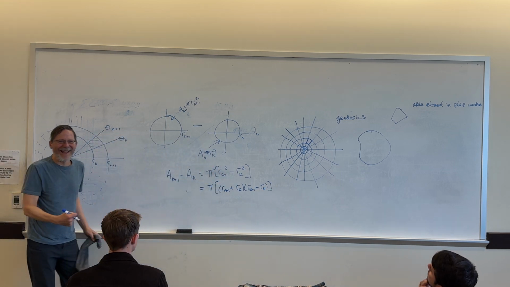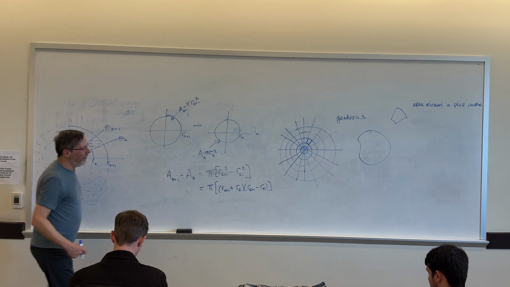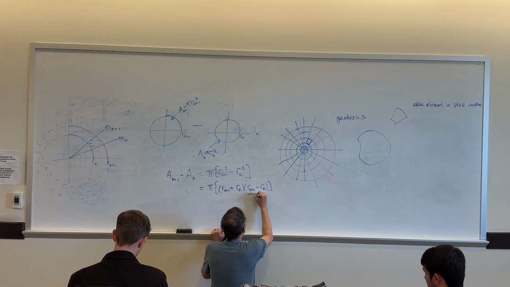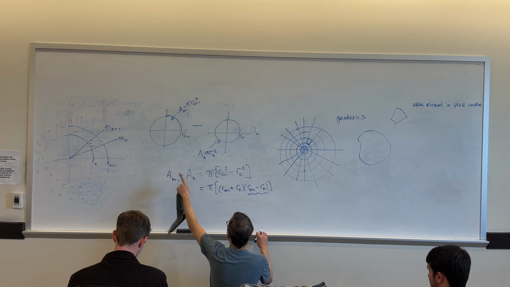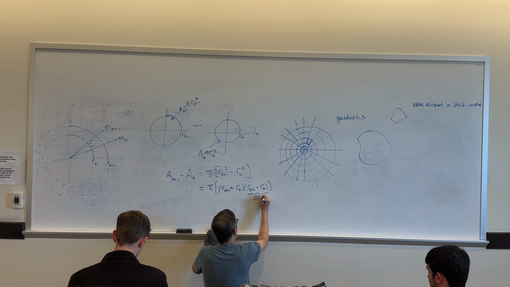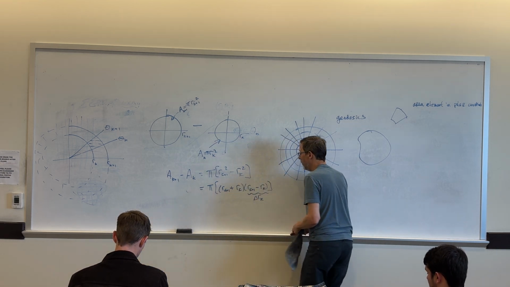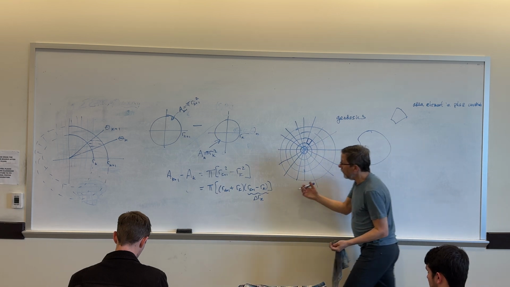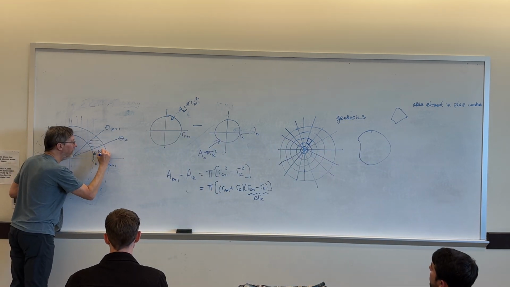Beautiful. So notice that this right here looks like the delta r. So that's the change in the radius from one to the next. So we're going to call that delta r sub k. And so this delta r sub k is just this difference here.